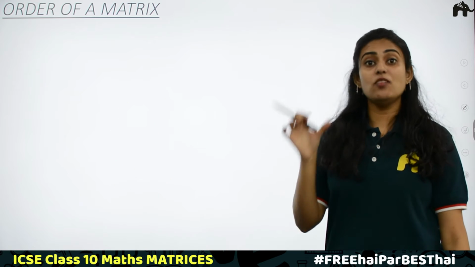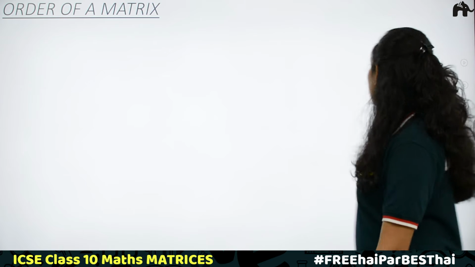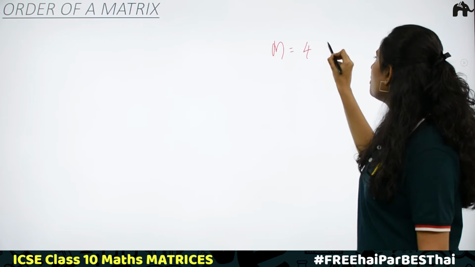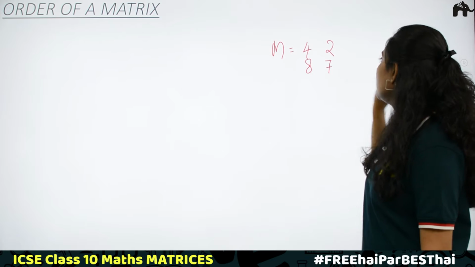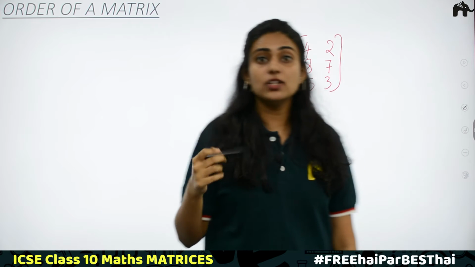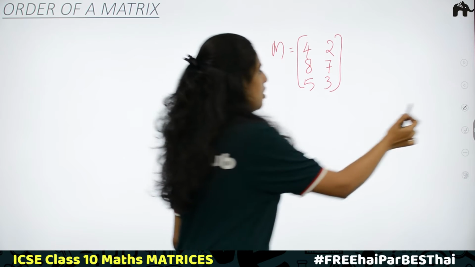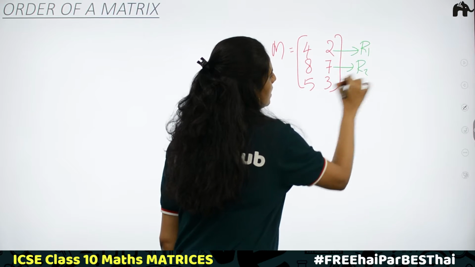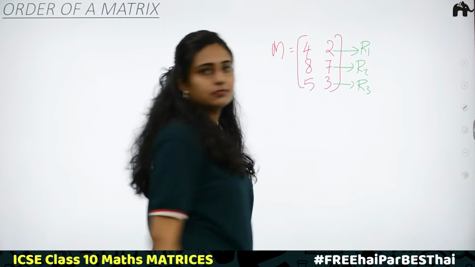Next, let's understand what order of a matrix is. Let us take a previous example. Matrix M is equal to 4, 2, 8, 7, 5, 3. In this example, we know the number of rows and number of columns. This is our first row R1, this is R2, this is R3. Okay.